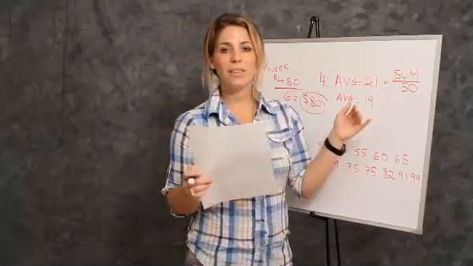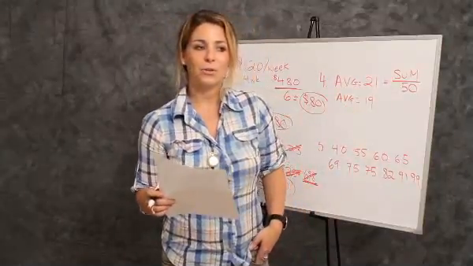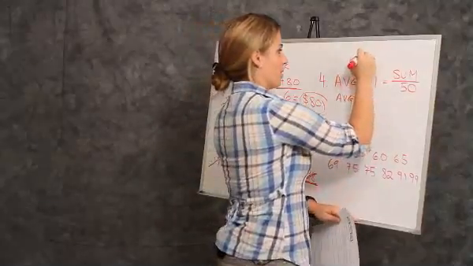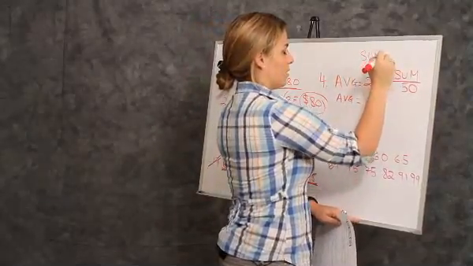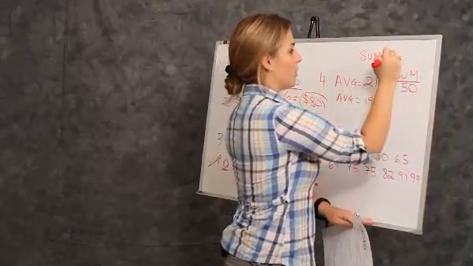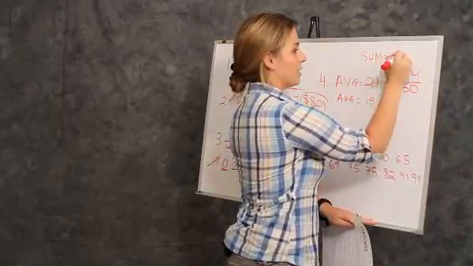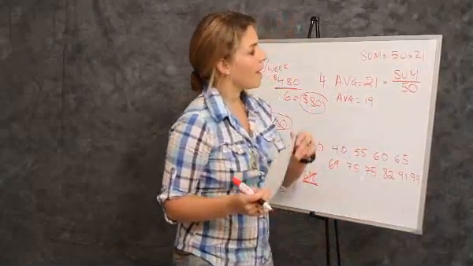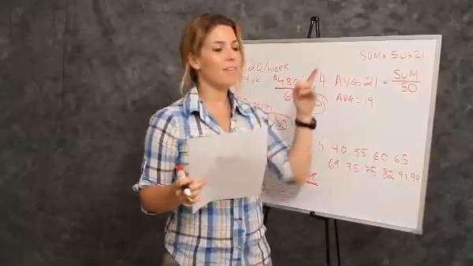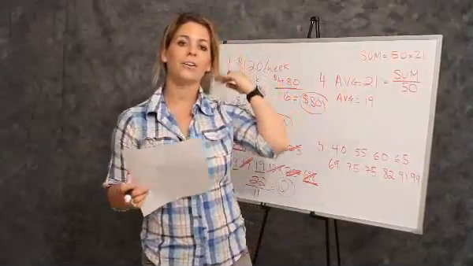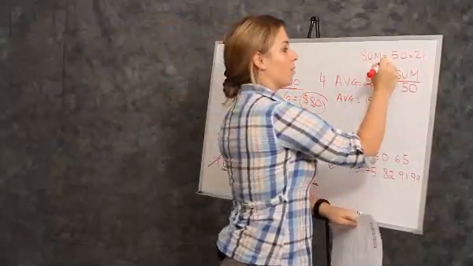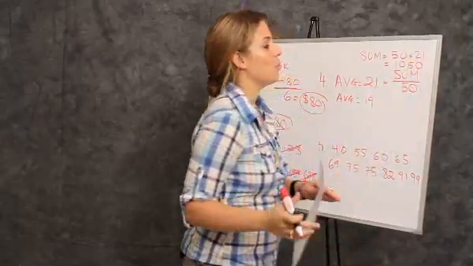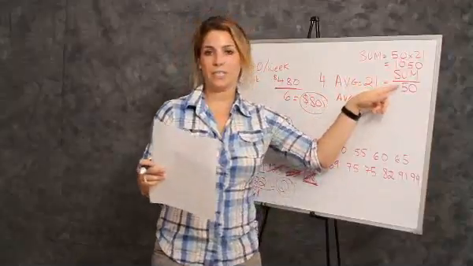So by doing that, what we can then do is realize that the sum is equal to 50 times 21. And if you have 50 times 21, you're going to end up with 1050. So that's the sum of all 50 numbers.